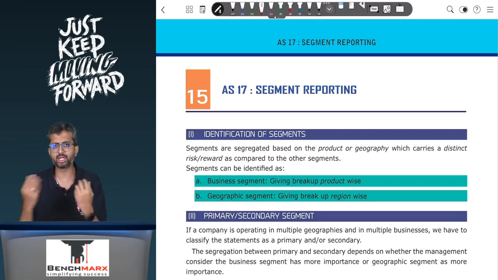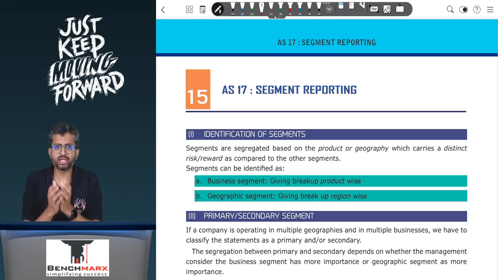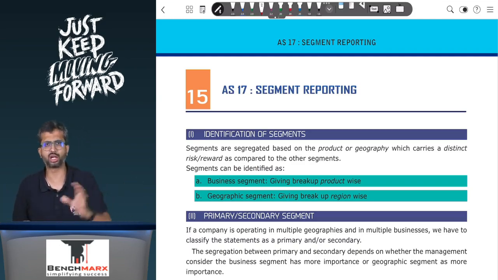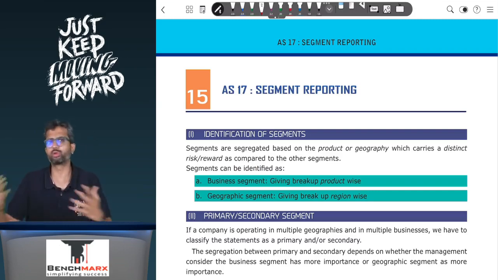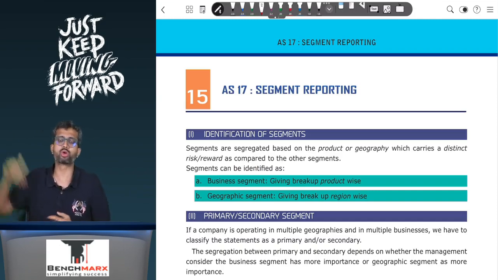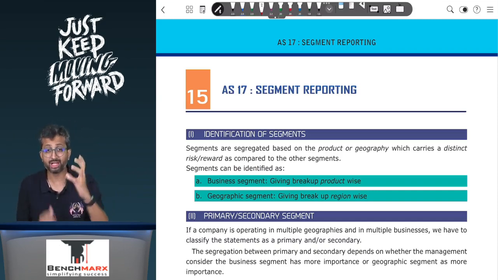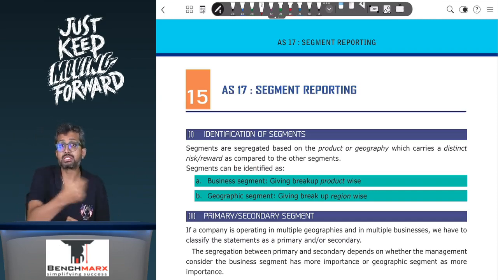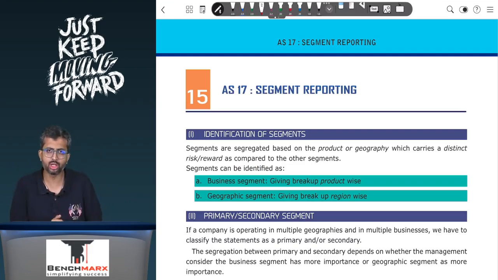So over here, let us say I am Tata Motors. Tata Motors manufactures cars. Well, it also manufactures trucks. Now, in cars, there may be various models like the Tata Harrier, Tata Nexon, etc. Trucks also, there may be various models. Now, it is not necessary that I show all of these models as different segments. However, cars as a group have a distinct risk and a distinct reward.